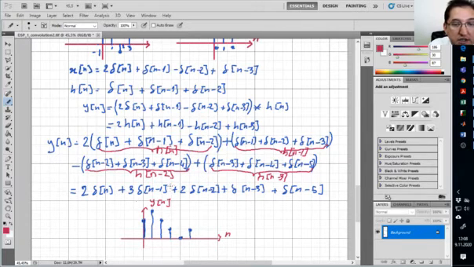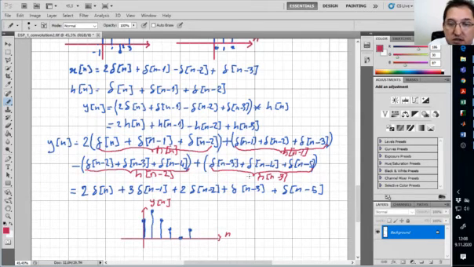We put here 3 delta[n minus 1]. Let's look at delta[n minus 2], 2 times. Delta[n minus 2], one more here, we get 3 delta[n minus 2].